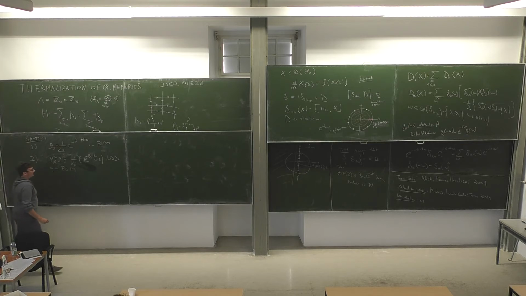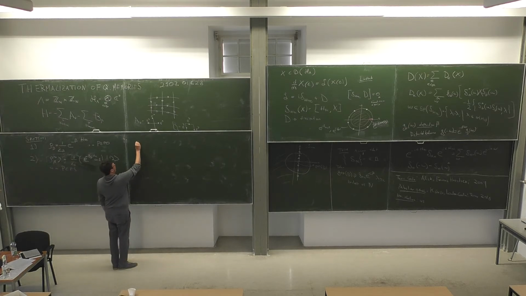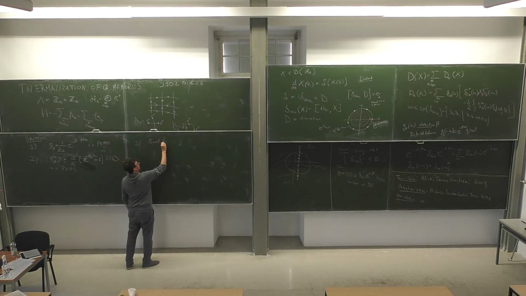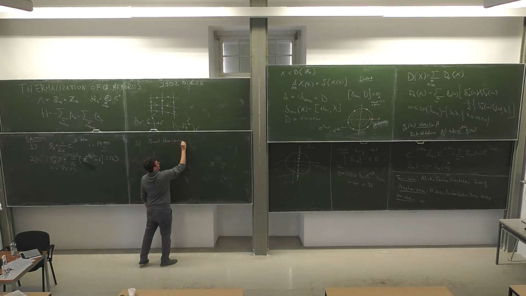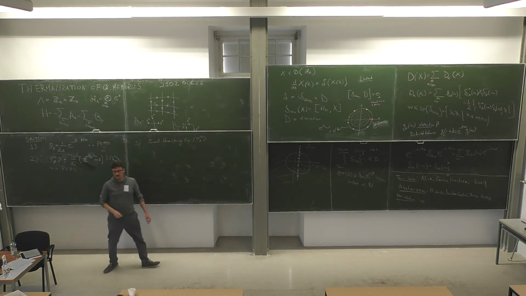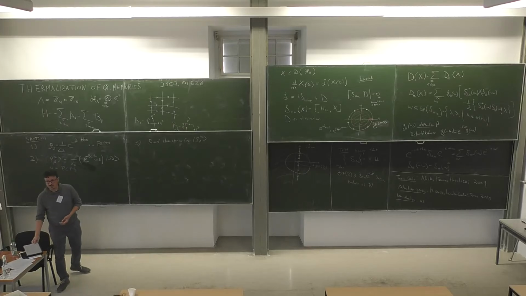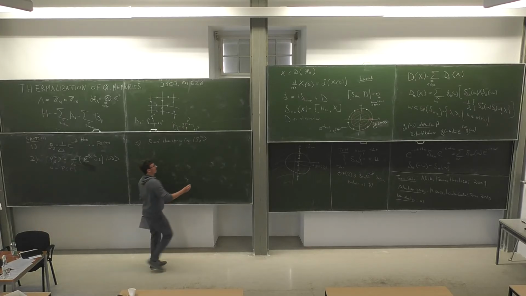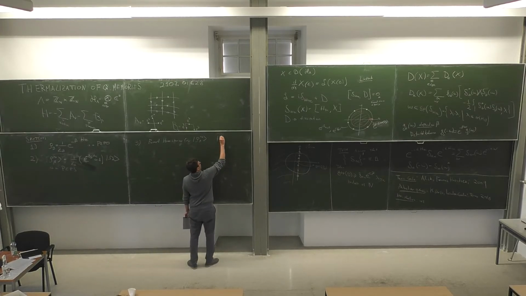And so what we do is we construct a parent Hamiltonian for this state, and we show that it has a spectral gap. We call it H parent.